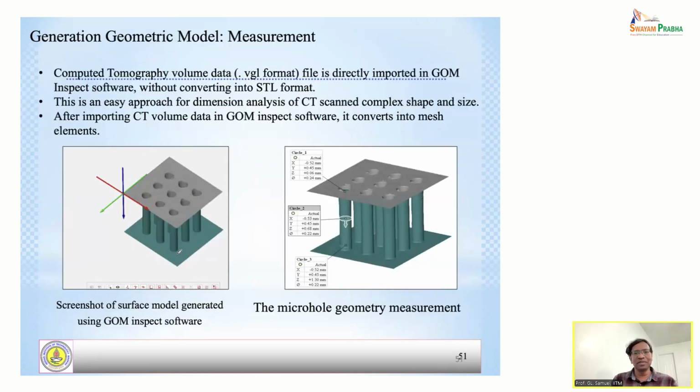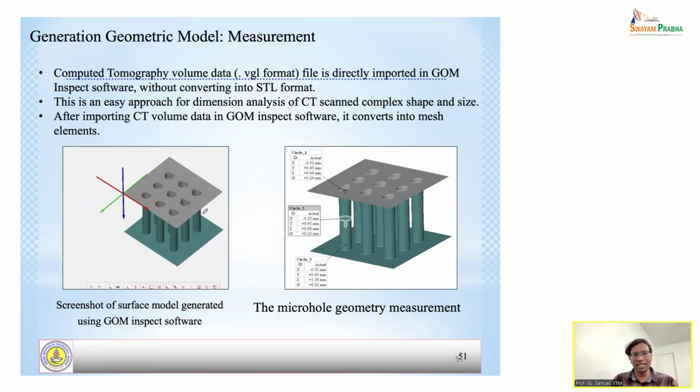Yesterday, somebody was asking how we can reconstruct. I didn't show you the layers, but there will be thousands of planes, each with images, and then in the geometric software we can put all these layers together and get the profile of the hole.